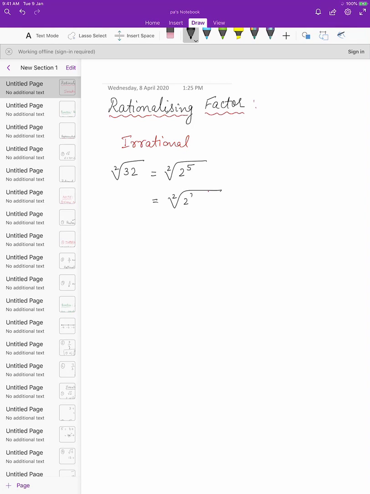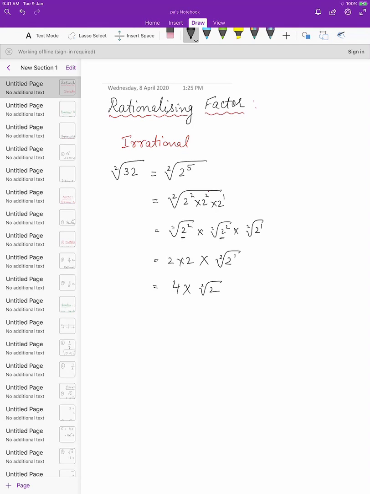So we can write it as square root of 2 square into 2 square into 2 raised to the power 1. So these 2's will come out of the radical sign, and we are just left with one 2 inside the radical sign.